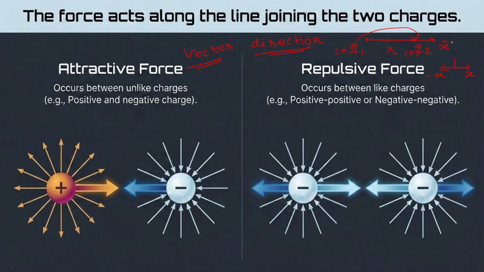It's the x direction. So the force due to Q1 is in the positive x direction. Now let's talk about Q2. The force due to Q2 on Q1 is in the negative direction, like this.